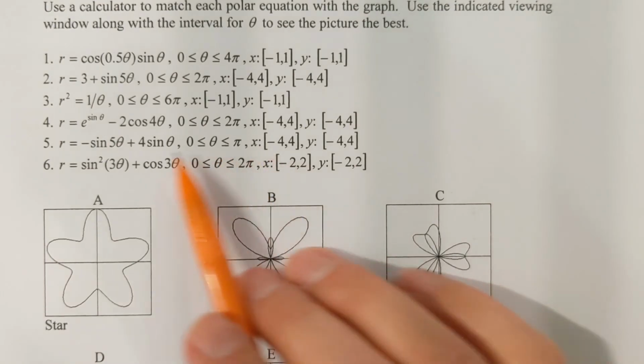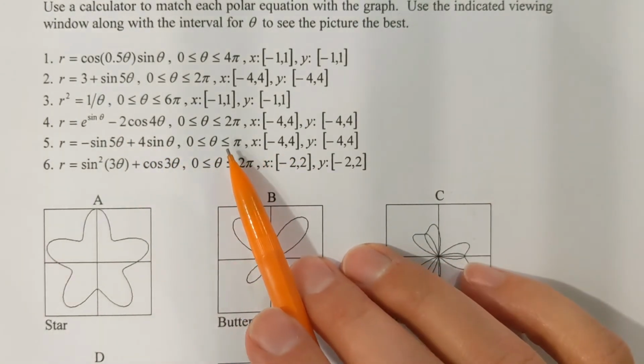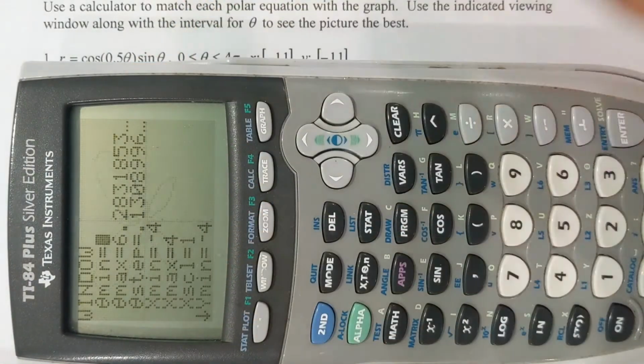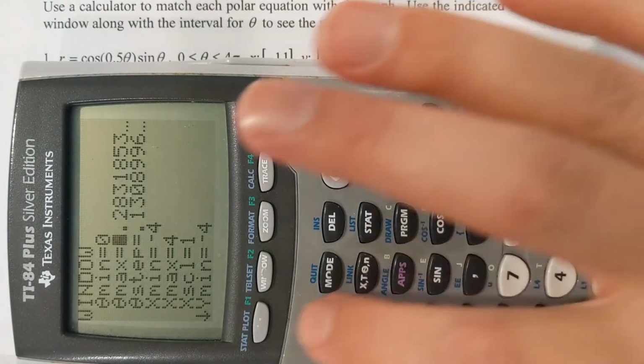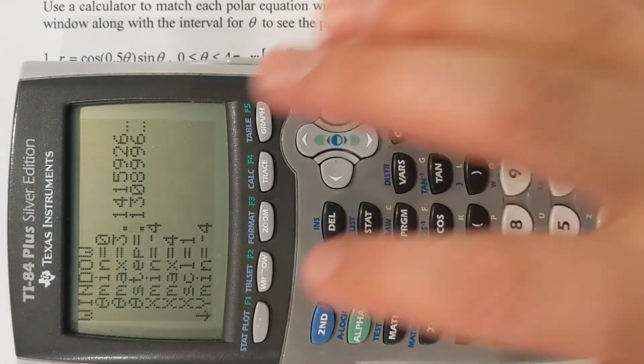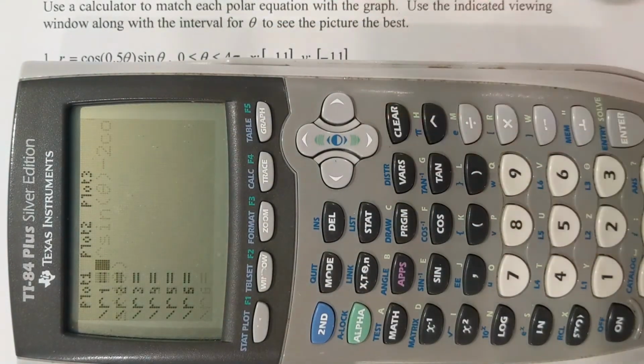Why don't we do equation 5 next? Okay, I have to change theta so that we're going from 0 to pi. Let me just do that now so I don't forget. Go to window and we'll go 0 to pi. It'll automatically give you the decimal form once you hit enter.